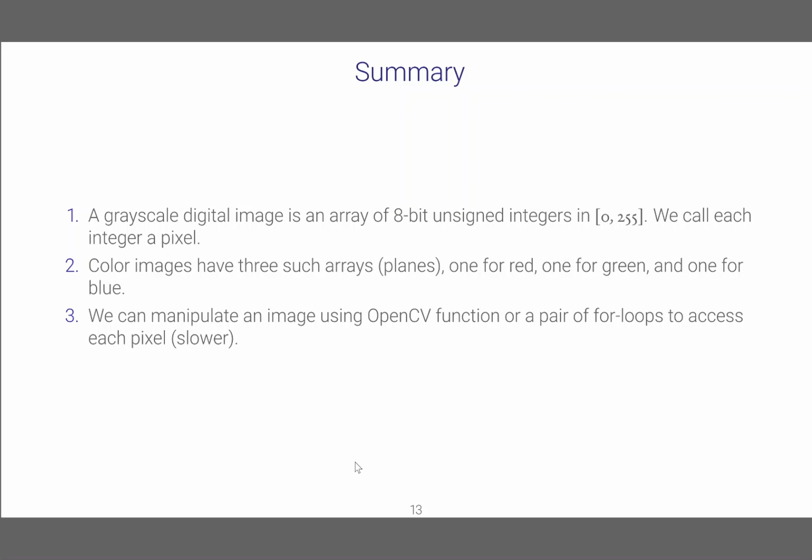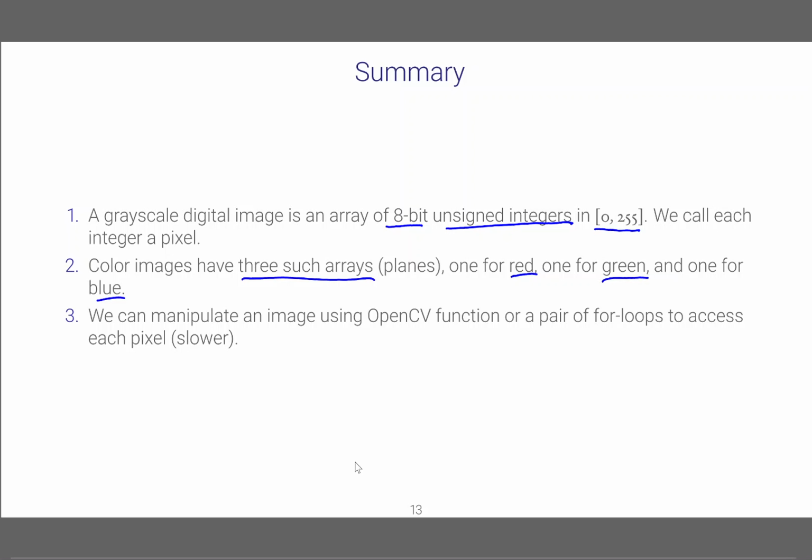So in summary, what we have seen today is that a grayscale digital image is an array of 8-bit unsigned integers in the range 0 to 255 inclusive. We call each such integer a pixel. Color images have 3 such arrays or planes, one for red, one for green, and one for blue.